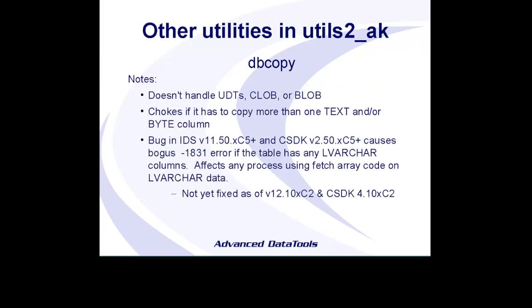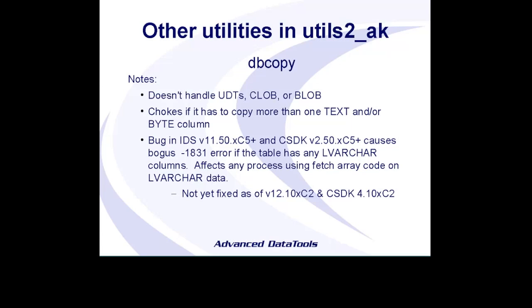It reports that you can't use fetch array code with auto re-prepare or one of those features, but that doesn't matter. The error is bogus. It's actually because they broke the fetch array code in that version and after. It still has not been fixed as far as I know, as of CSDK 4.10.XC2, which is the latest.